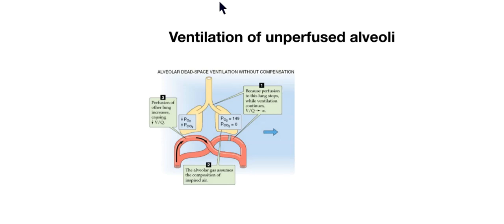So that anything that is distal to that blockage is not going to receive as much air. So it can selectively constrict bronchioles that are leading to the alveoli that are not being perfused. And that would be one of your compensatory mechanisms in order to try and reestablish that ventilation-perfusion ratio.